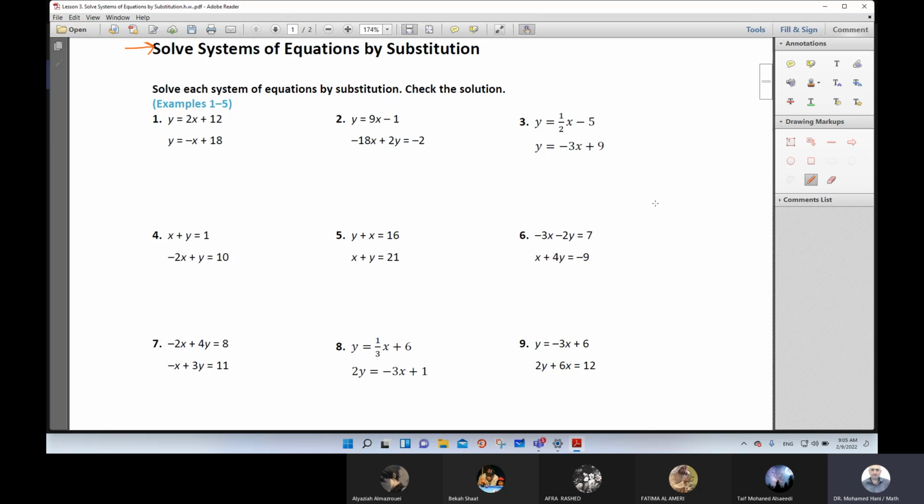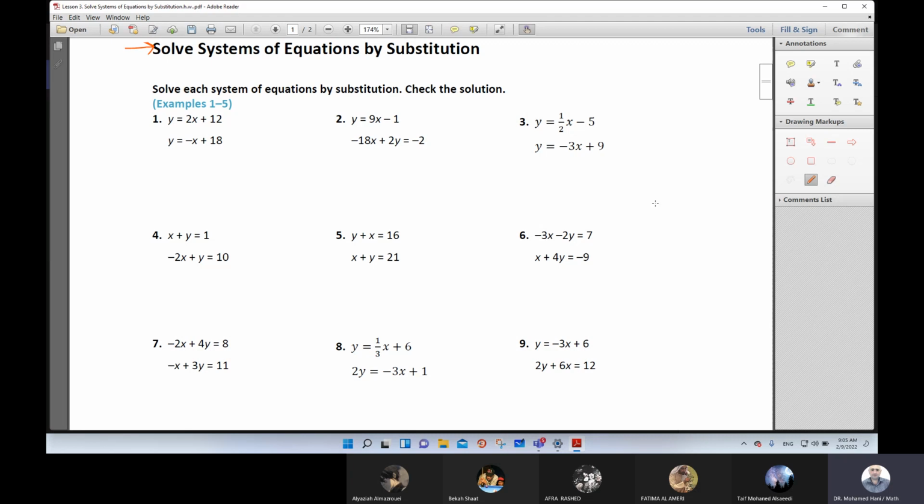As you remember, in the previous lesson we solved the system of equations using graphing. When we graph the two linear equations, we see the intersection point, the common point between the two lines.